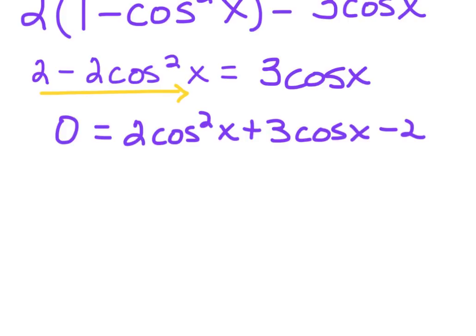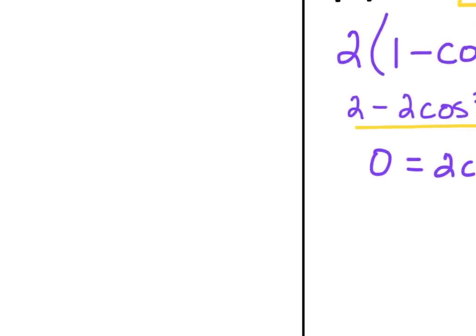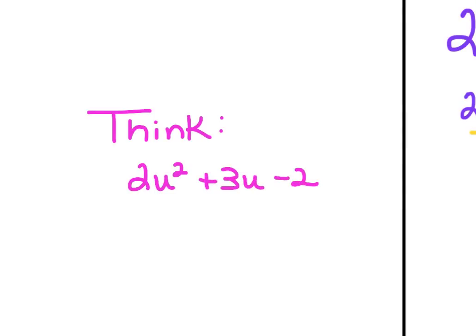And so the thinking for the factoring here, if you do u substitution, you've got 2u squared plus 3u minus 2.